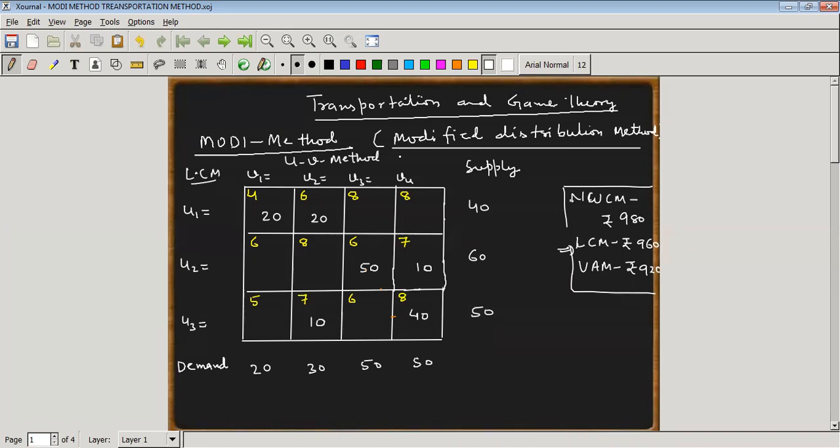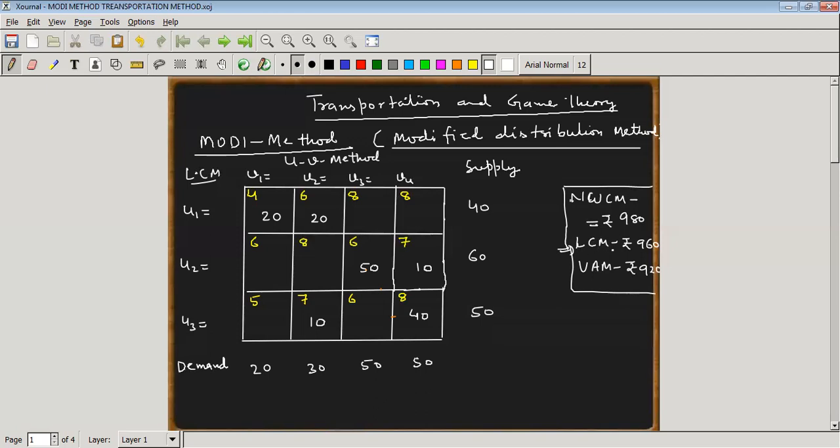In the modified distribution method, or what we call the UV method, we try to find the optimal solution obtained by the least cost method, Vogel's approximation method, or northwest corner method. We have already discussed this problem and found the basic feasible solution by the northwest corner method, where the transportation cost is rupees 980.